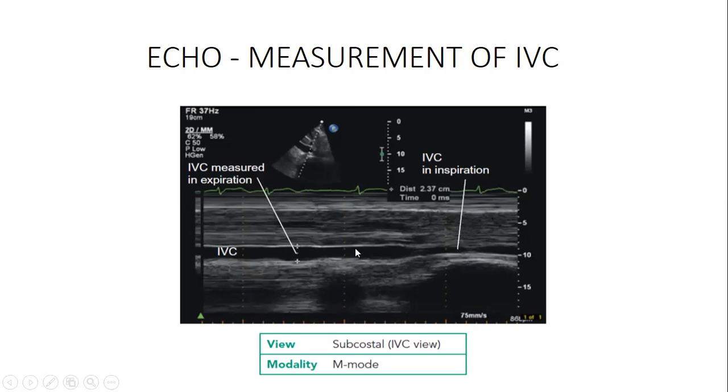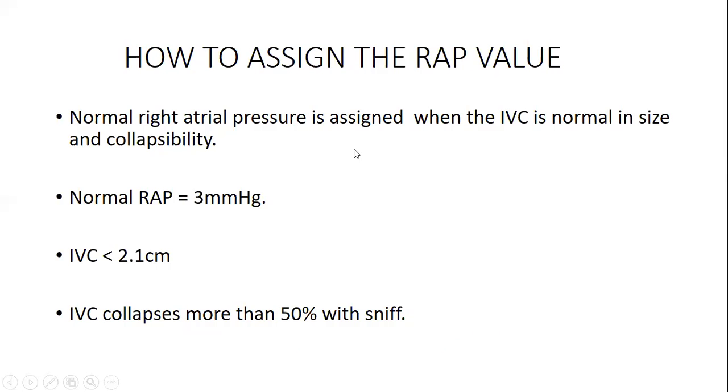These are some of the things, when you comment on the IVC in your echo report, justify why you are doing that, so that it's well understood. How do we assign the RA pressure value within the parameters? The normal right atrial pressure, like I mentioned, is assigned when the IVC is in normal size and collapsible.